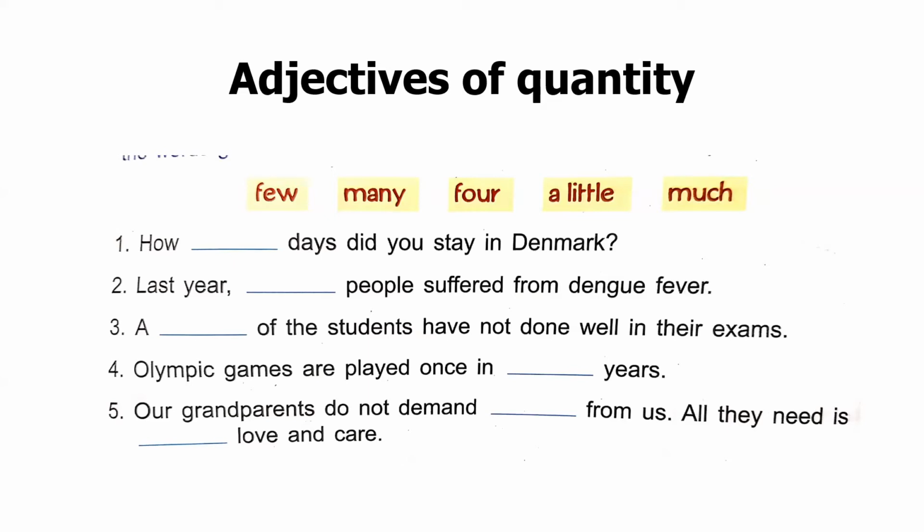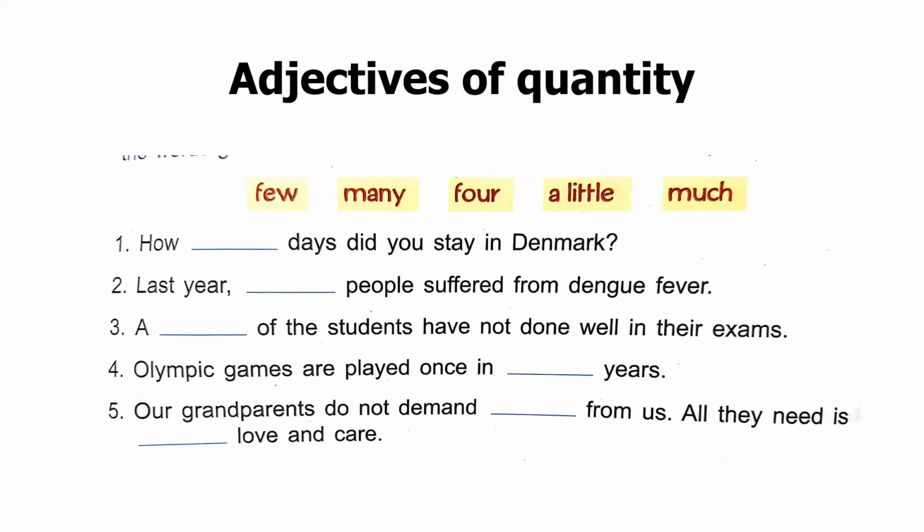A few of the students have not done well in their exams. Olympic Games are played once in 4 years. Our grandparents do not demand much from us. All they need is love and care.